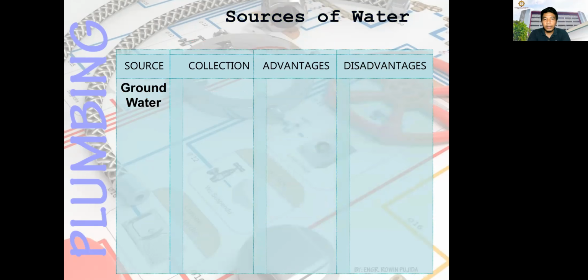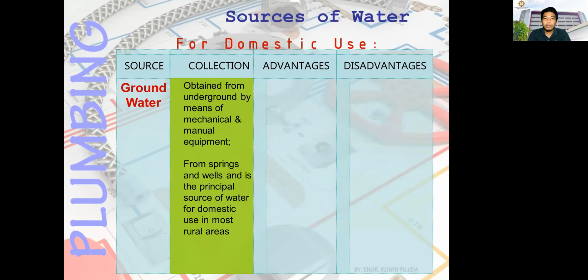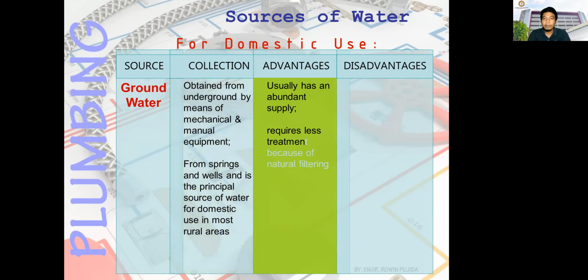And then you have the groundwater, obtained from underground by means of mechanical or manual equipment. So you have the pump and also the puso and maybe the well. For the advantages, it usually has an abundant supply, but there are areas that have less groundwater.